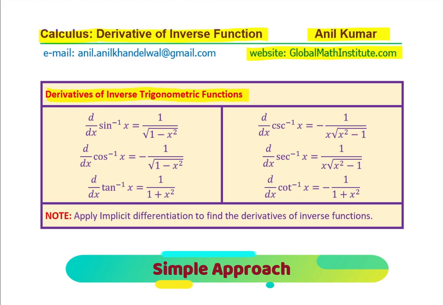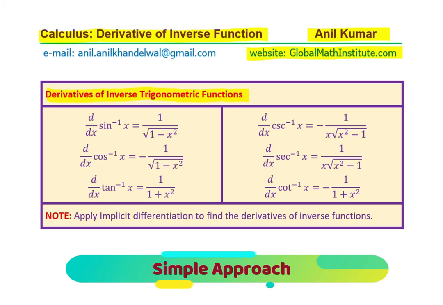So as you can see on the screen, we have all the basic formulae related to derivatives of inverse trigonometric functions. We are going to prove them one by one.